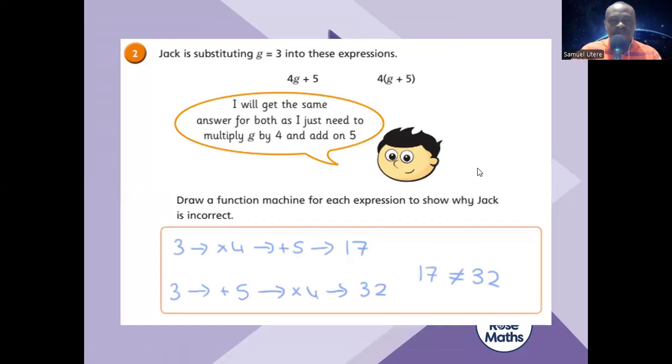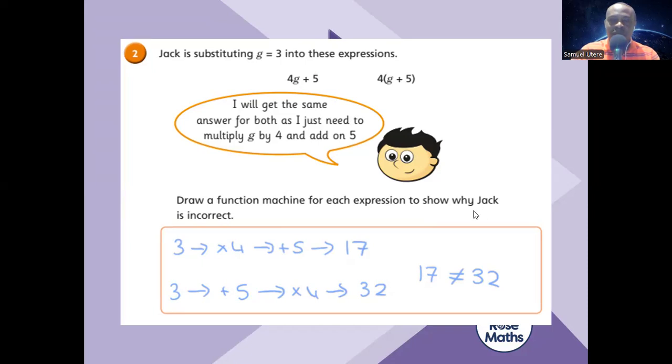Jack is substituting g is equal to 3 into these expressions. Jack says, I will get the same answer for both, as I just need to multiply g by 4 and add on 5. Draw a function machine for each expression to show why Jack is incorrect.